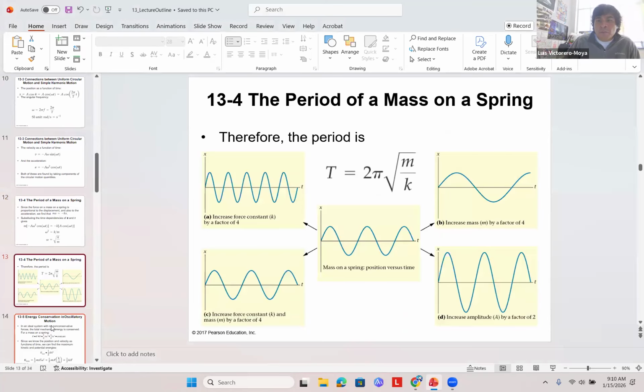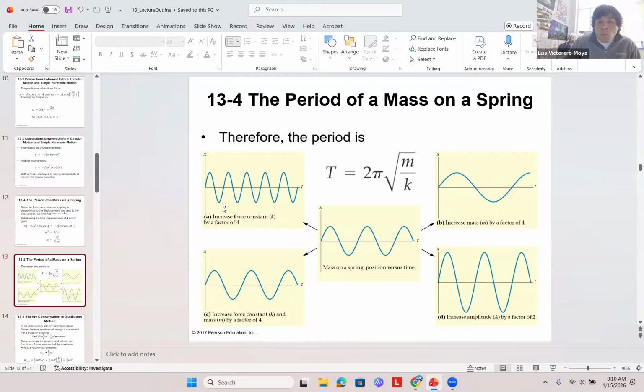So here is a model that we use, right? Depending on the period and the amplitude, you can have functions like this. The reason this is more elongated than this is because of the period. If you increase the force constant by a factor of 4, you are decreasing the period and increasing the frequency. That's why you see more of this.